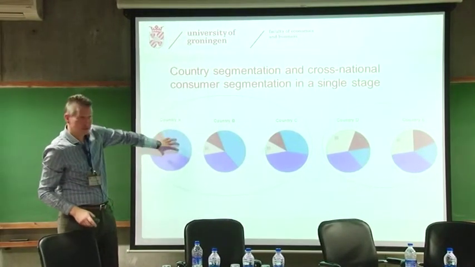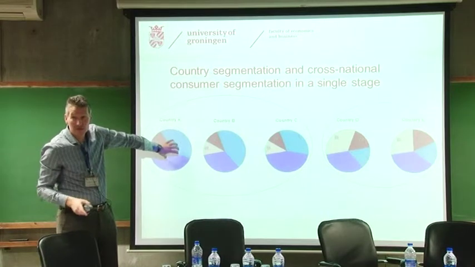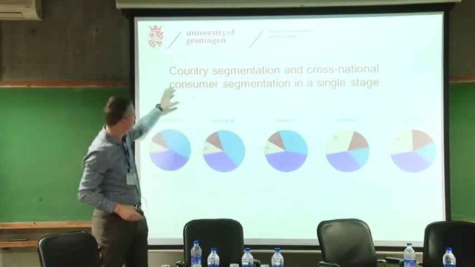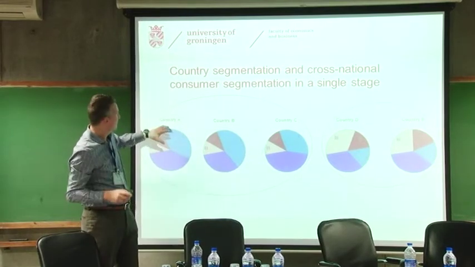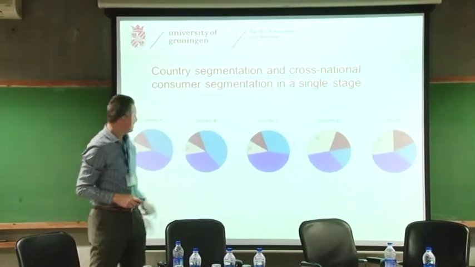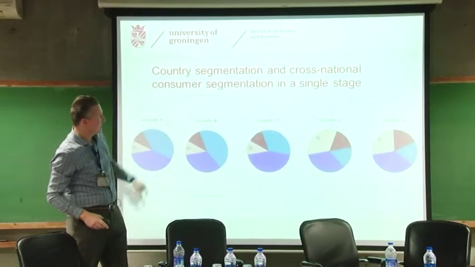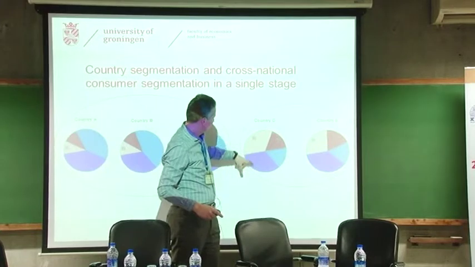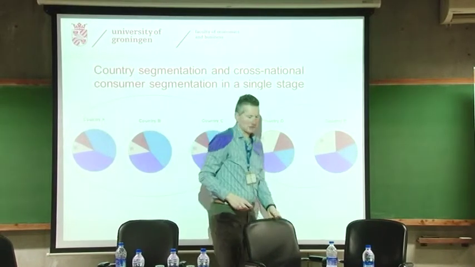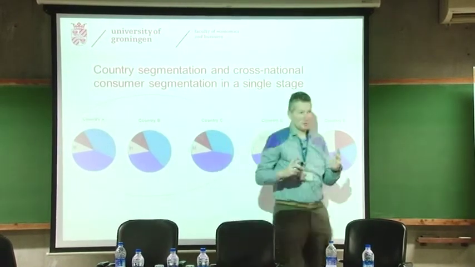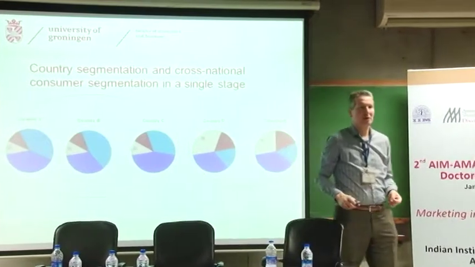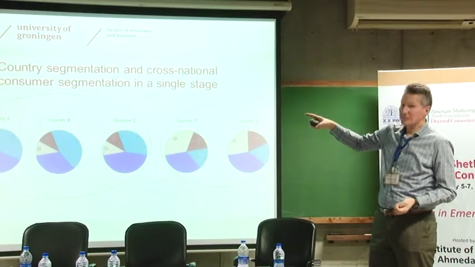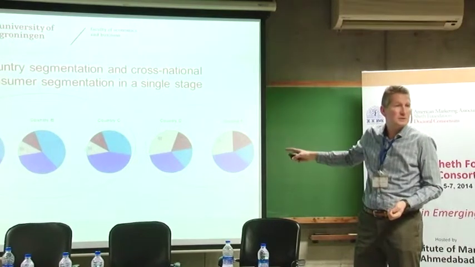It generates this segmentation, this clustering, at the individual level, but it also says there are actually 2 types of countries, namely a country type where groups 1 and 2 are pretty big, and another type of country where 2 and 3 are really quite big. So you can look at the within and between variation, how big these segments are, and you can get a classification of the individuals and of the countries.